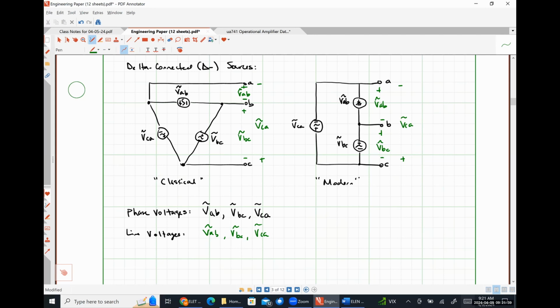So this is where things start to get weird and confusing, because previously with our Y connected source, the line voltages and the phase voltages were very different things. Here in a delta connected source, they are literally referencing the exact same quantity, okay? So us having a fundamental understanding of what these quantities are is what makes this so different.